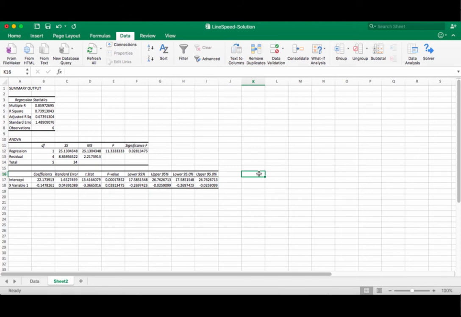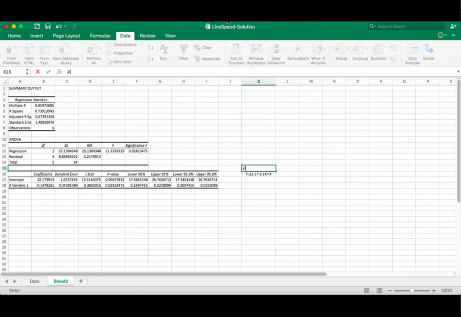It would be y equal to 22.17, and as you can see, the coefficient is negative, so I put negative 0.147 times x. So that's how this relationship looked like, for example, for part A, and we can basically use this coefficient.